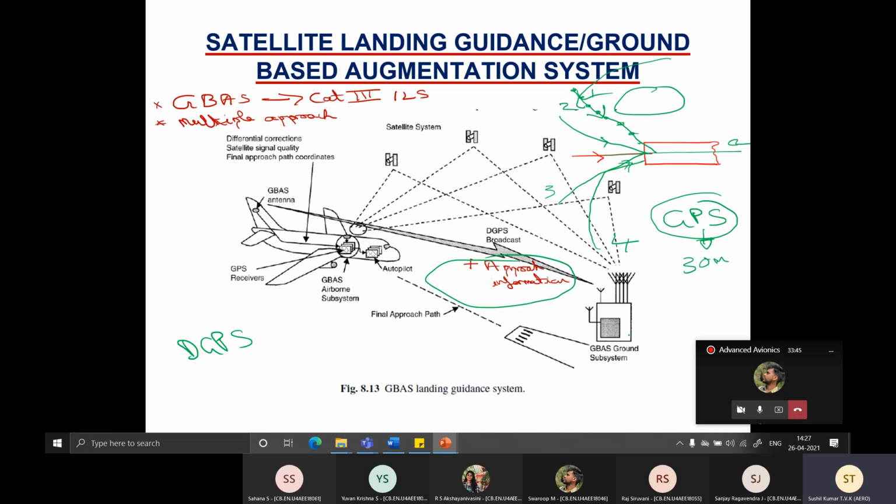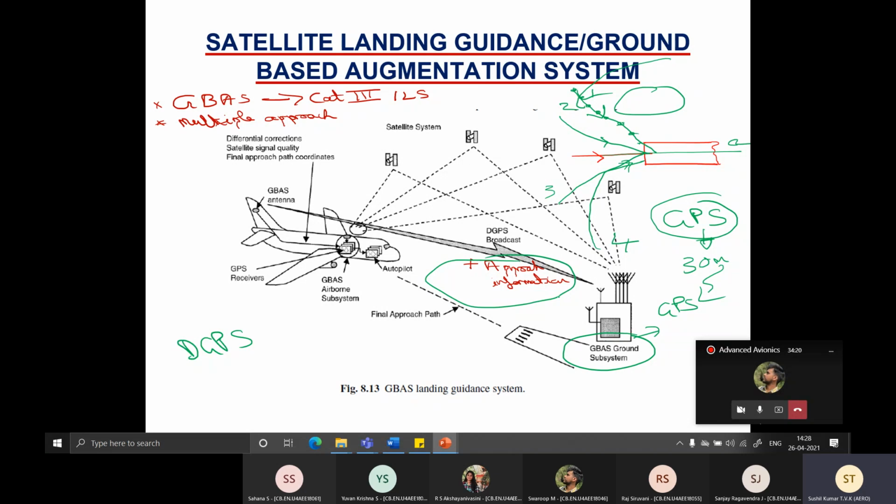This ground station has a GPS. Now, this is also going to get some erroneous information, no issues. But this is a pre-surveyed ground position. So if it is Coimbatore, you know it is 77 degrees east and 11 degrees north. That is not going to change. So it compares the received GPS signal with the surveyed actual lat long position.